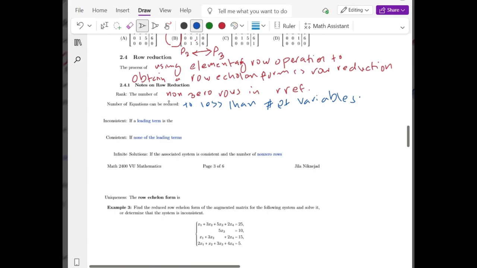It's either inconsistent or has infinite solutions. If a leading term is the last term, at the very last column, the system has no solution.